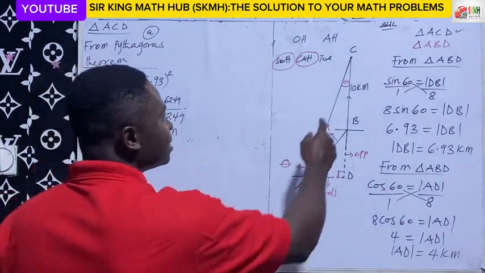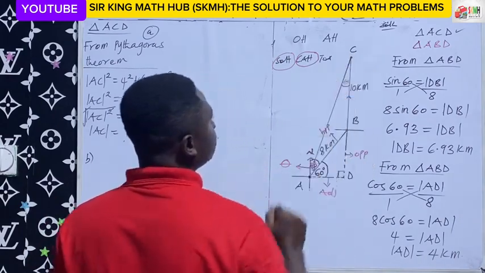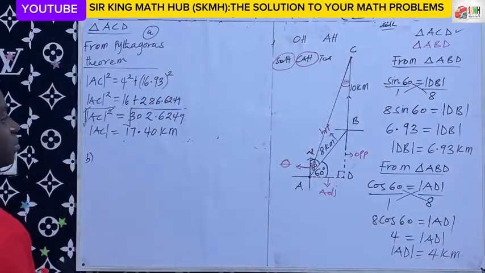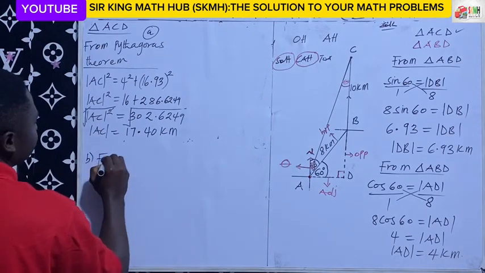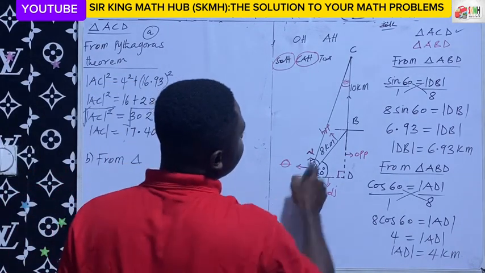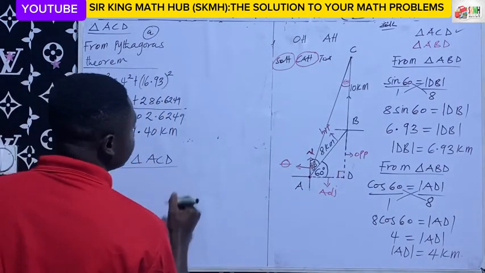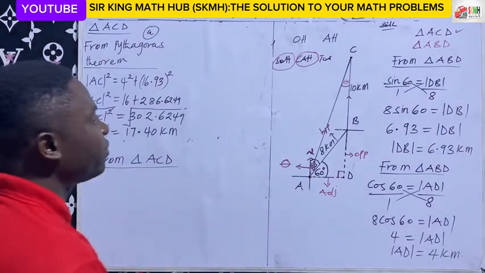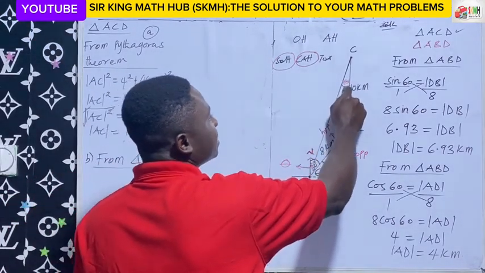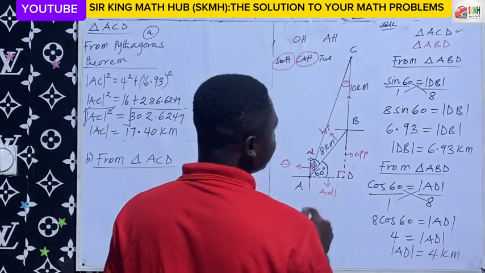So this theta is located inside the bigger right angle triangle, triangle ACD. If this angle here is theta, then this side here, line AD, becomes the opposite.